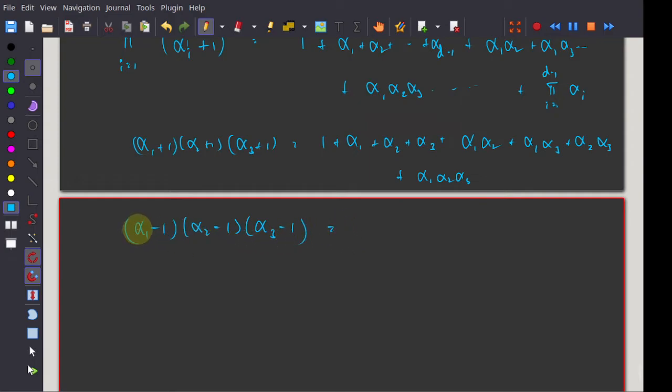So now let's take the 1 terms. I have minus 1 into minus 1 into minus 1, which is minus 1. And then I have alpha 1 into minus 1 into minus 1.